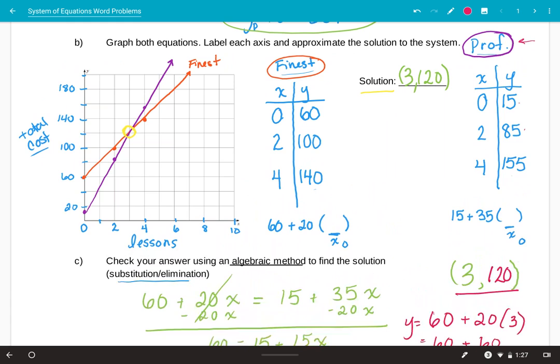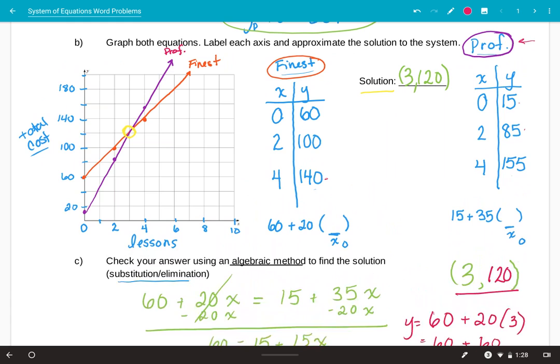And it's the purple down here, it's cheaper until you get to 3 classes. And then if you take more classes with the professional, it's going to be more expensive. But if you're going to be taking a lot of classes and you want to learn to cook, I would do the finest. So if you're going to do more than 3 classes, I would take finest because in the long run, it is going to be cheaper.